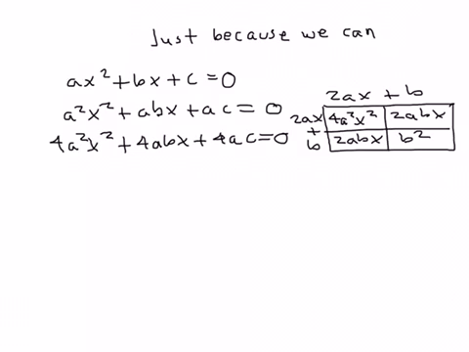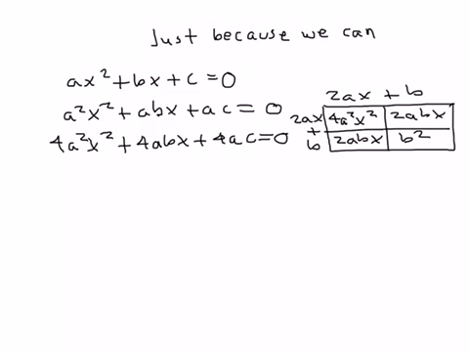So what are we going to do to make this all work? Really think about it. I'm going to have to go in two steps, and that's fine. I want to make that 4ac become b squared. The easiest way to do that is to subtract 4ac from both sides and then add b squared to both sides.